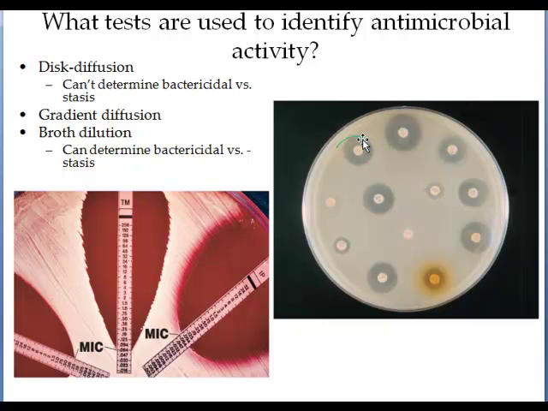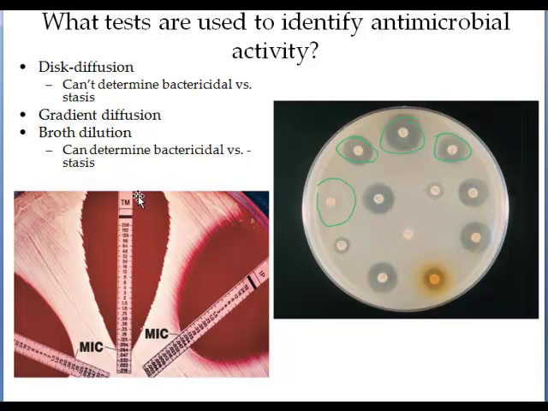The presence of this clear zone, as you can see up here, indicates how good that drug is in combating or inhibiting the growth of the microorganism that is swabbed on this agar plate. So the bigger the clear zone, the more susceptible the organism is to that particular drug. Here is a drug that the organism is totally resistant to. Here's another one that's resistant.